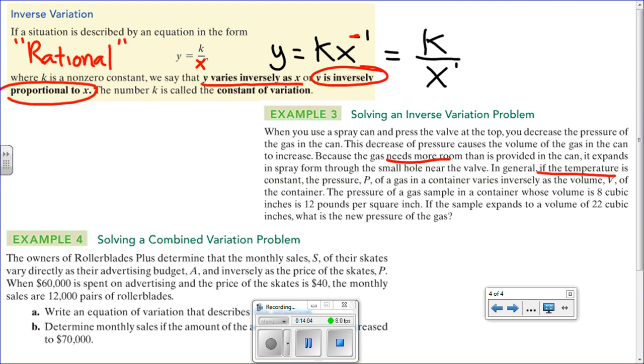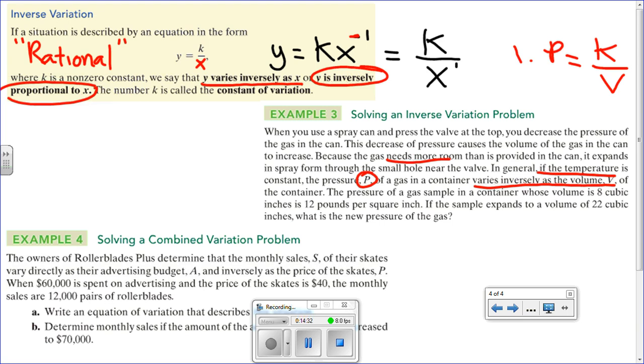Thanks. There you go. So that's why they have to clarify that the temperature has to be constant. So now we have the statement here. If the pressure of the gas varies inversely as the volume of the container, so we have our equation right here, the pressure varies inversely as the volume, like that.